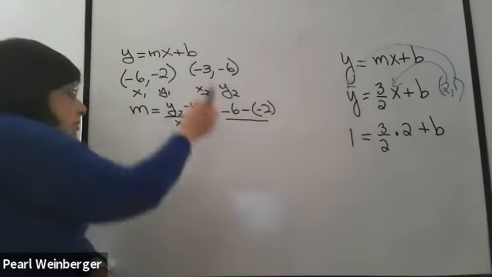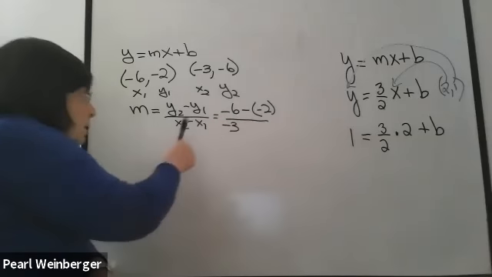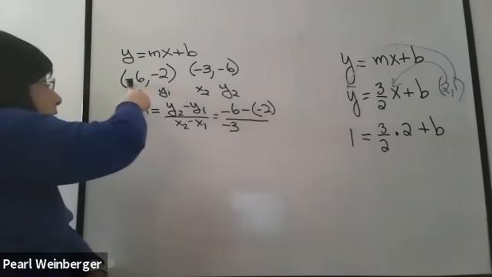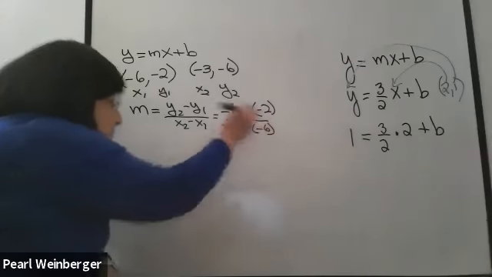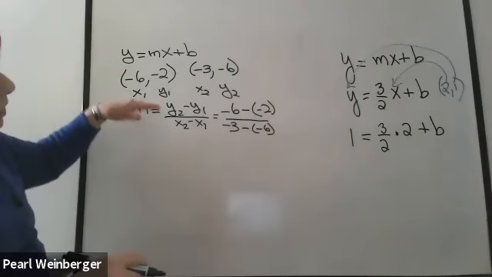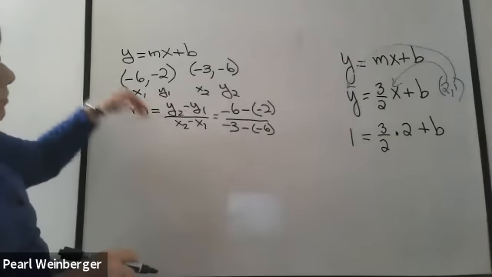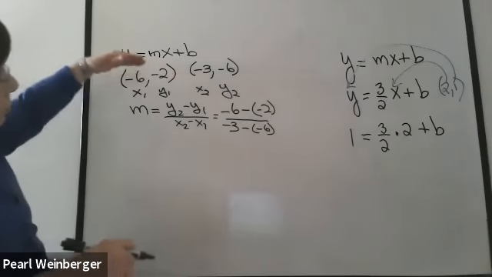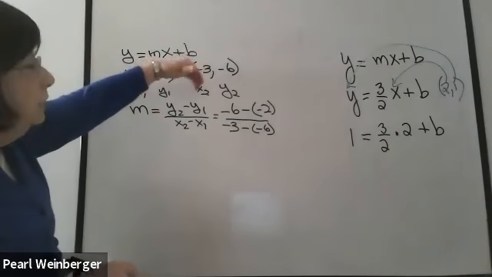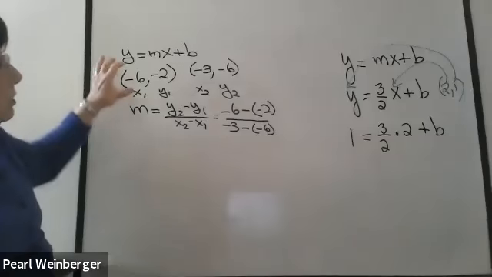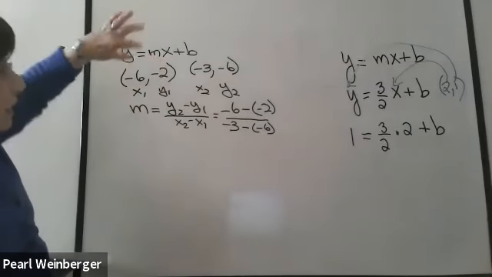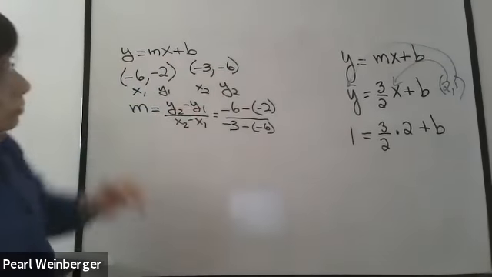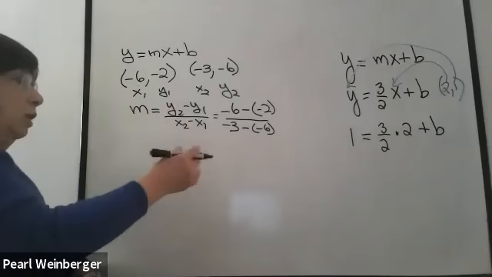My x2 is -3, and my x1 is -6, so -3 minus -6. You have to be very careful, that's why you write out the formula and you write out which is your x1, y1, and which is your x2, y2. It doesn't matter if you pick this to be your x2 and y2, as long as the x2 goes with the y2 and the x1 goes with the y1.